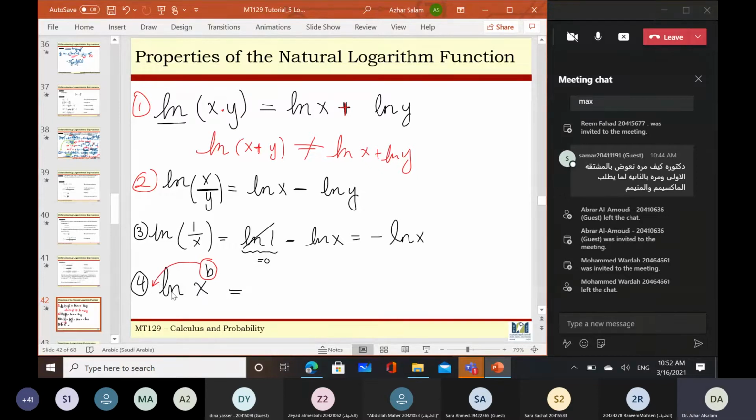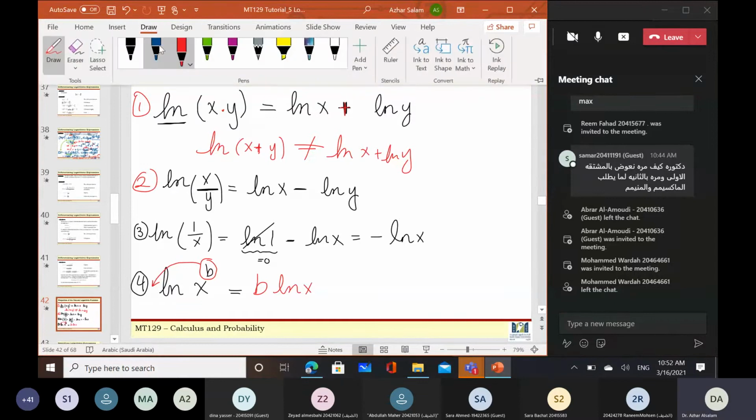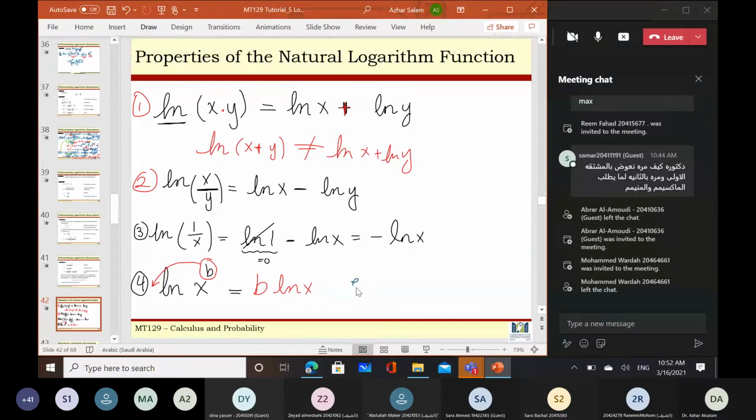This is equal to b ln x. For example, if I have ln x to the power 3, it's equal to 3 ln x. This is an example for this.